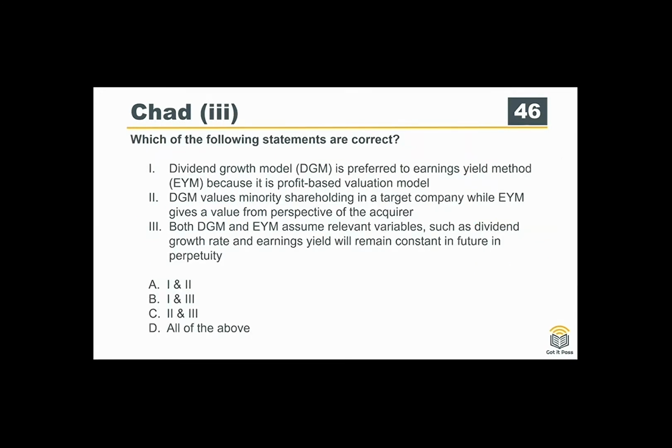The next part is a discursive question about which statements are correct. So let's check. The first statement is that the dividend growth model, DGM, is preferred to the earnings yield method because it is a profit-based valuation model. We all know that the earnings yield method is the profit-based method, and the dividend growth model is dividend or cash flow based.